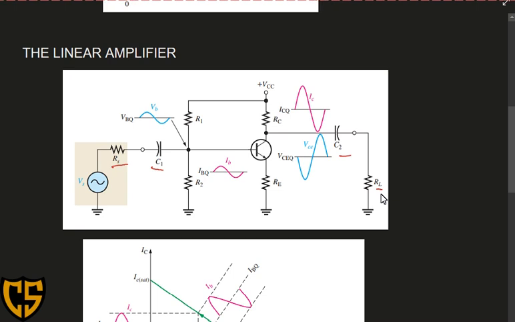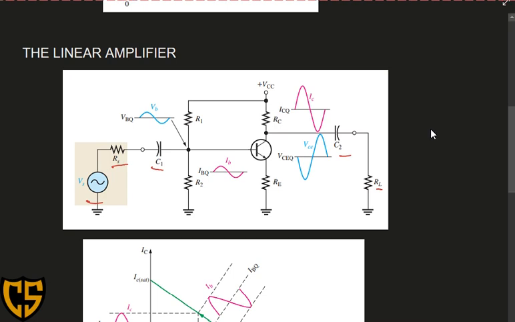The sinusoidal source voltage causes the base voltage to vary sinusoidally. Since the signal from our voltage source is sinusoidal, a sinusoidal signal goes to the base. What happens is that the base voltage varies sinusoidally above and below the DC bias voltage. Based on what we remember before, this is the Q point.